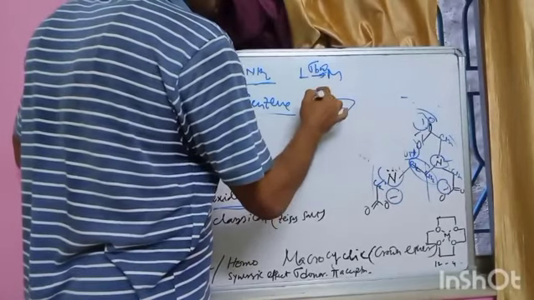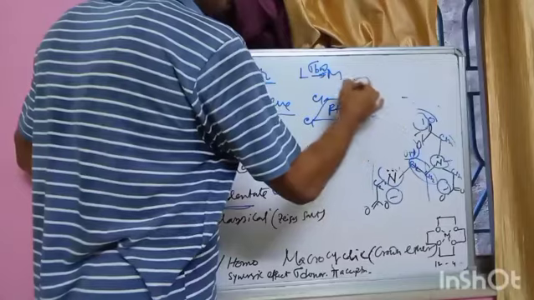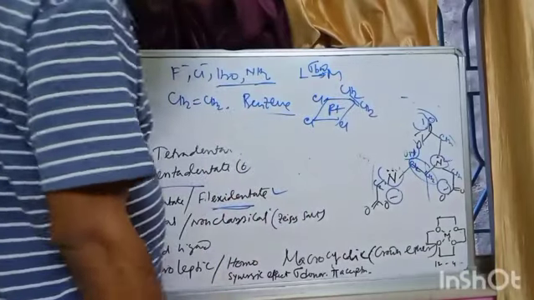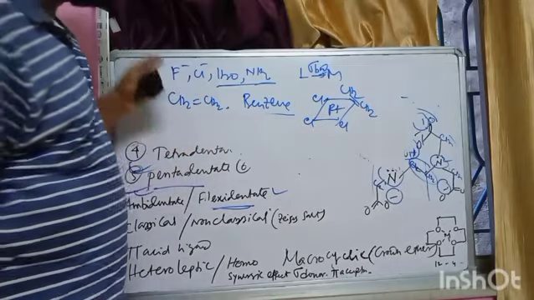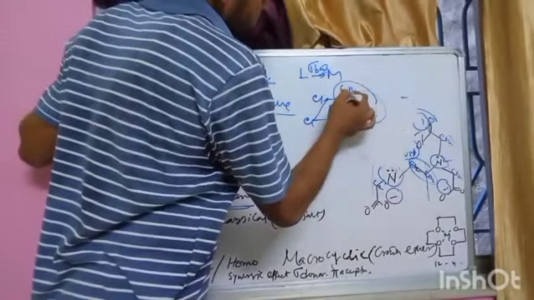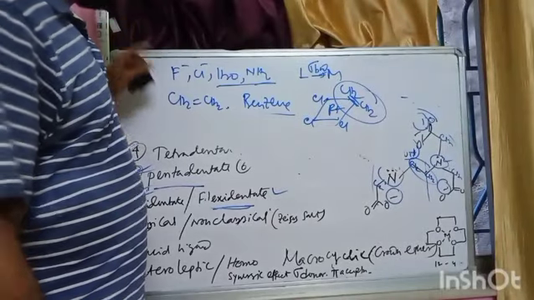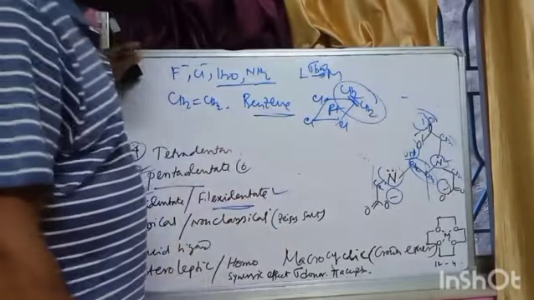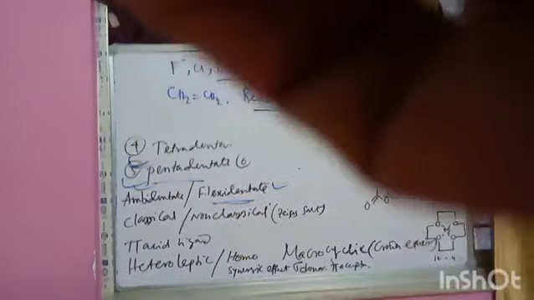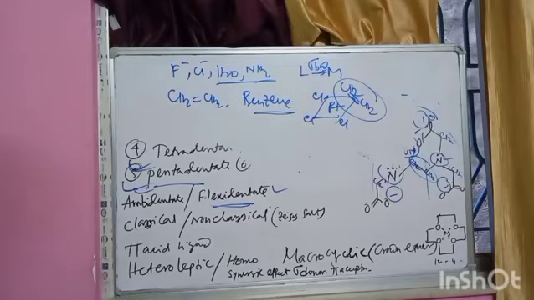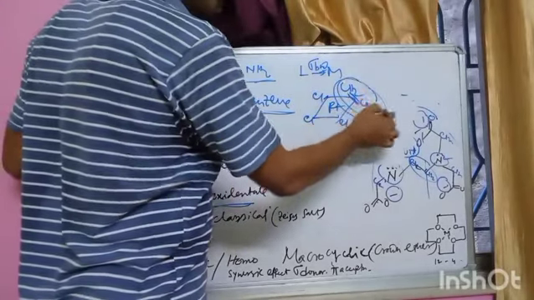platinum, Cl, Cl, Cl, double bond CH2, CH2. It is an example of a non-classical ligand where platinum is bonded to a double-bonded hydrocarbon, that is, platinum attached to the double-bonded CH2=CH2.